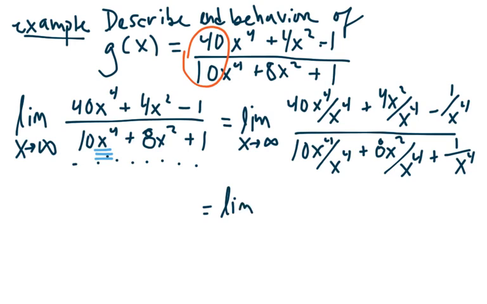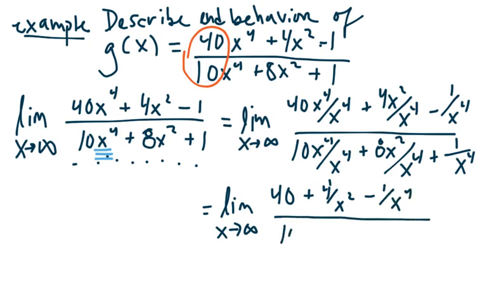Cleaning this up a little bit, we can cancel out some powers. We've got 40 plus 4 over x squared minus 1 over x to the fourth, all over 10 plus 8 over x squared plus 1 over x to the fourth.